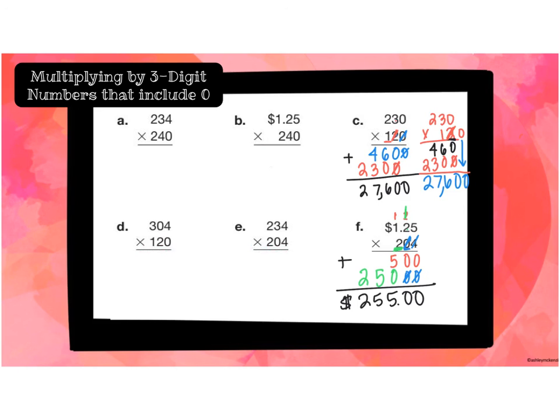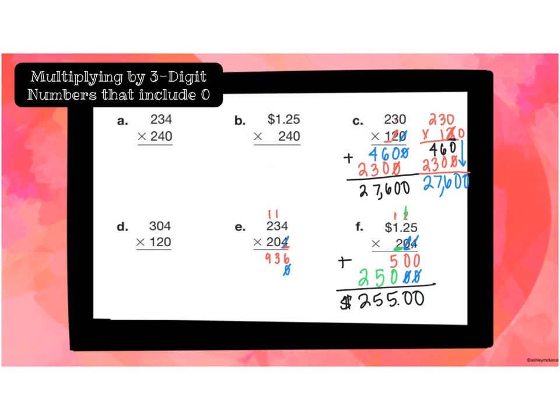I'm going to do 4 times 4, which is 16, carry the 1. 4 times 3 is 12, plus that 1 is 13, carry the 1. And then 4 times 2 is 8, plus the 1 is 9. So 936 is my first partial product. Okay, I'm going to mark that 4 out and put a placeholder here.